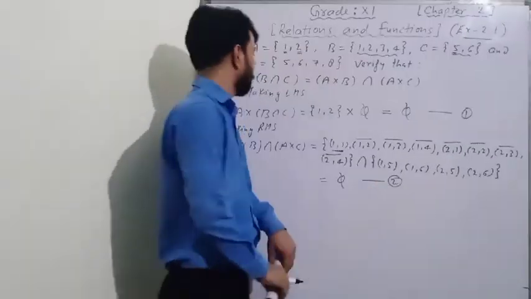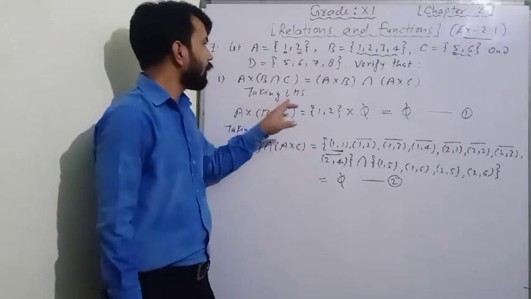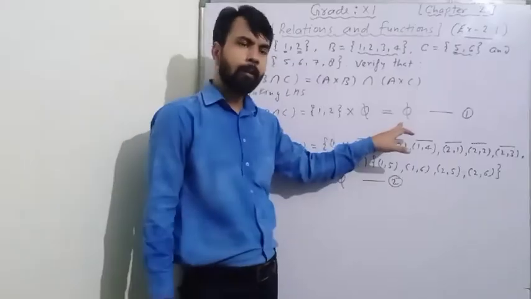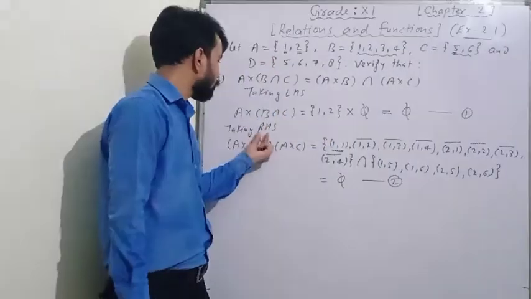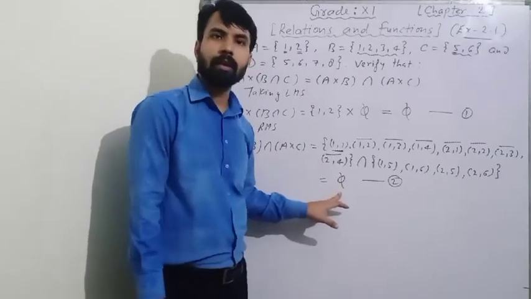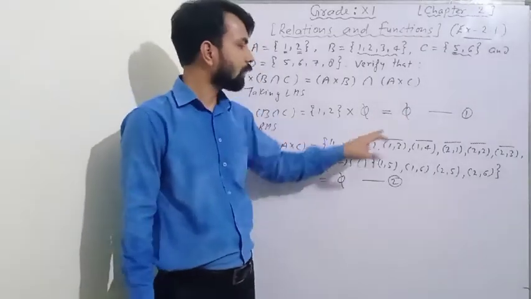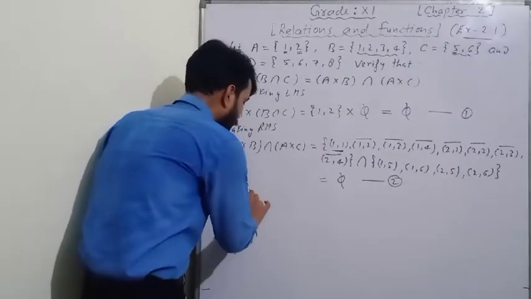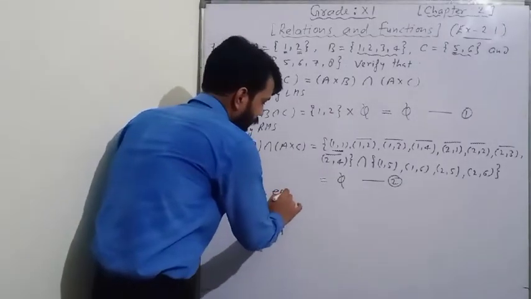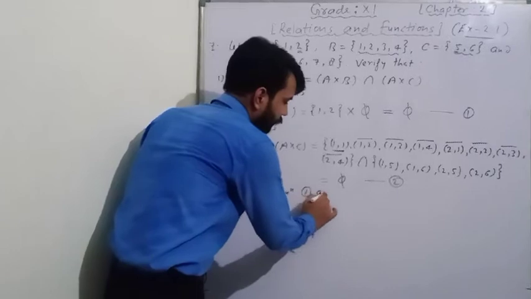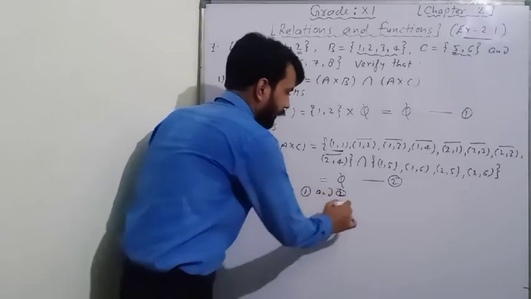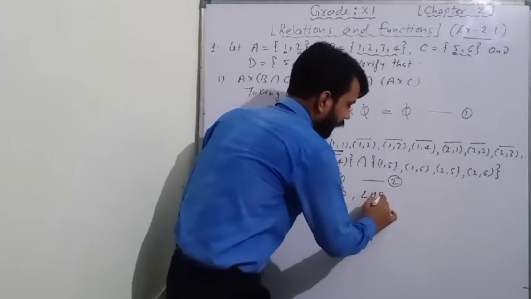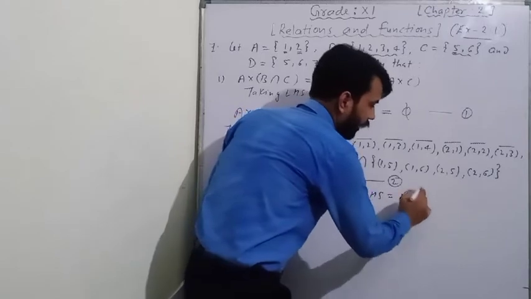So see, when we solve the left hand side, the result is phi. When we solve the right hand side, again the result is phi. That means both are equal. So from equations 1 and 2, we can say that LHS is equal to RHS.